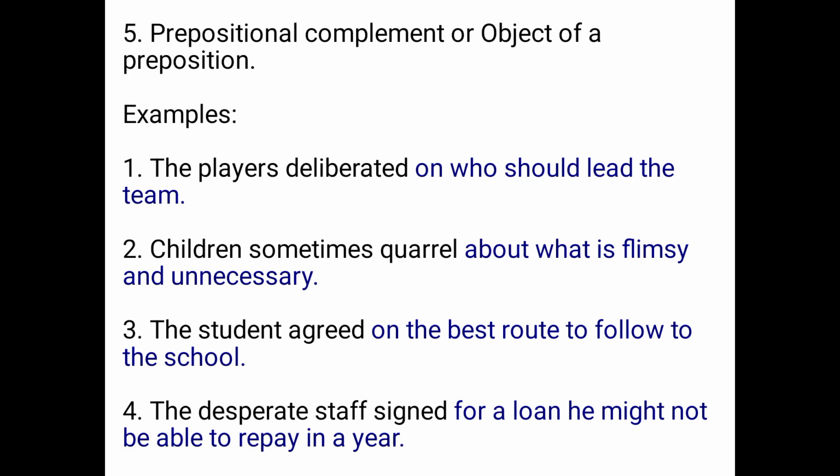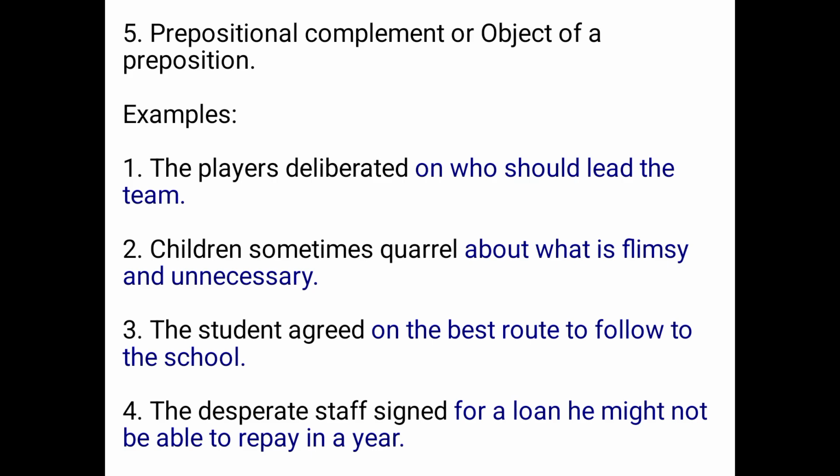The best route to follow to school is the noun clause following the preposition on, being object to the preposition. And then you have the last sentence there: a desperate staff signed for a loan he might not be able to repay in a year. So you see a loan he might not be able to repay in a year, following for, is being object to the preposition.